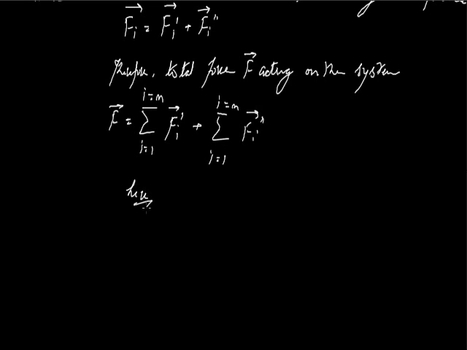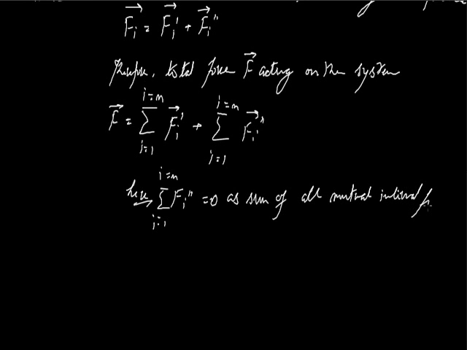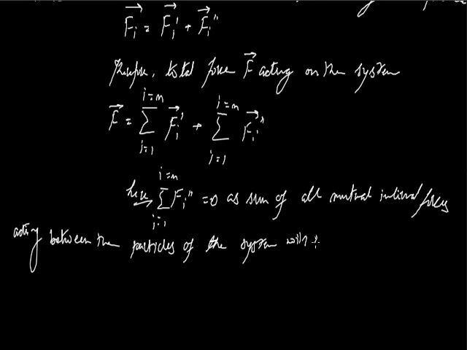Here the sum of Fi double dash from i equal to 1 to i equal to n will be 0, as the sum of all mutual internal forces acting between the particles of the system will be 0.